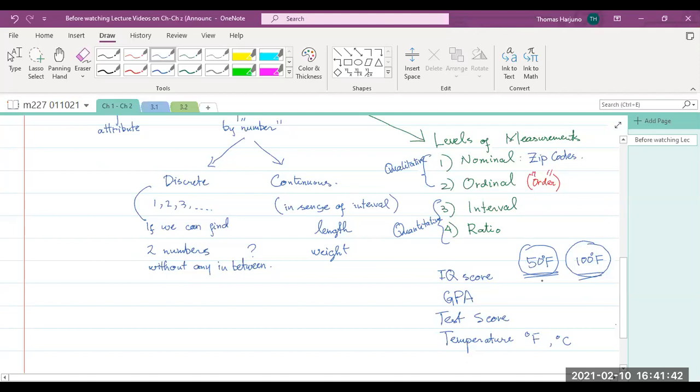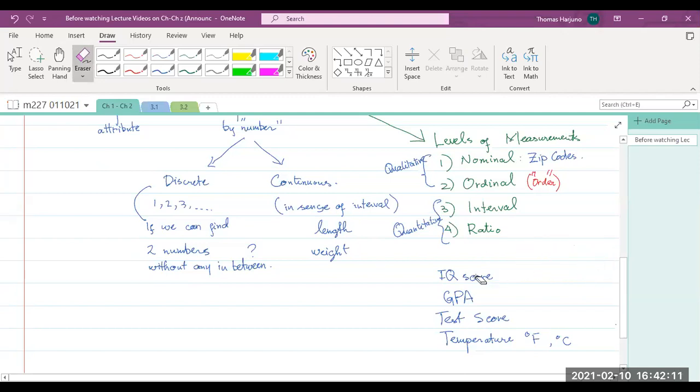We say the difference is 50 degrees Fahrenheit, but we do not say that 100 degrees Fahrenheit is twice as hot. We do not say that 50 degrees Fahrenheit is twice as cold compared to 100 degrees Fahrenheit. So you see that it's numerical, it's quantitative. Only the difference is meaningful, but the ratio is meaningless.